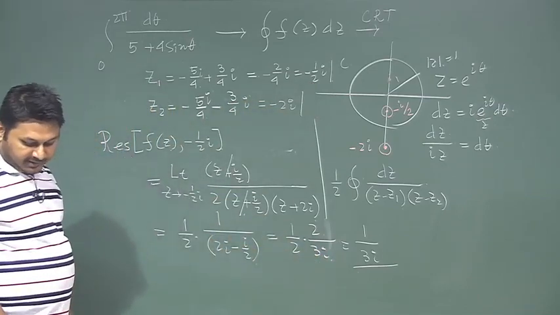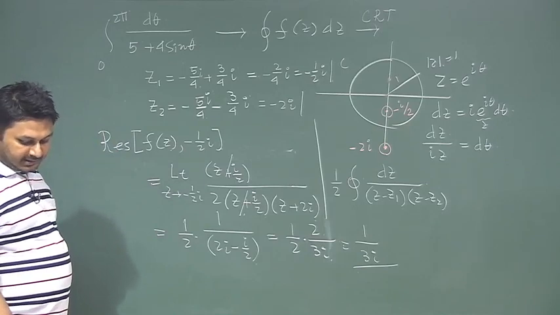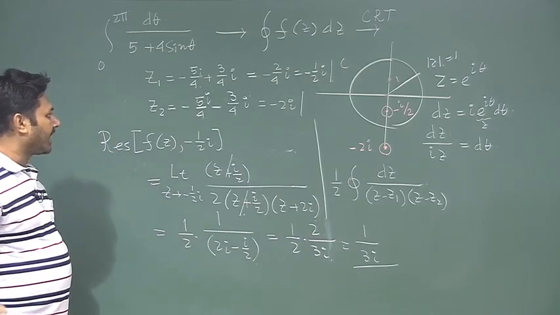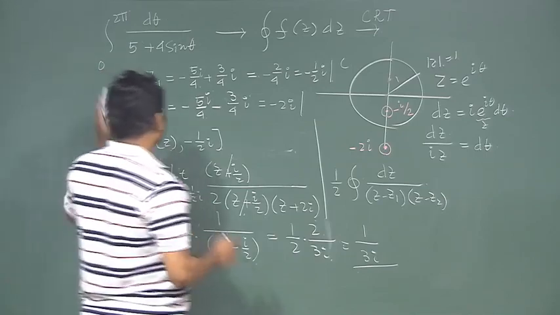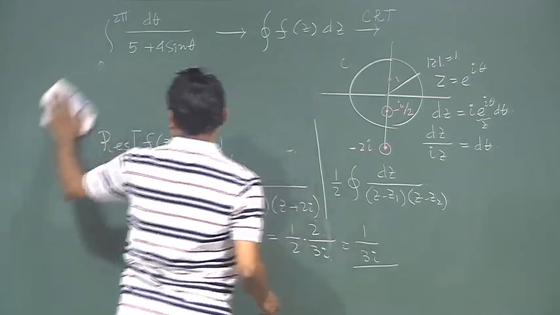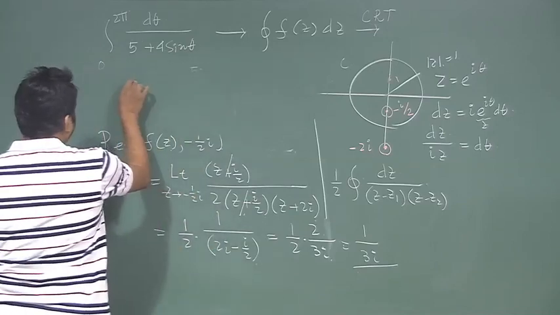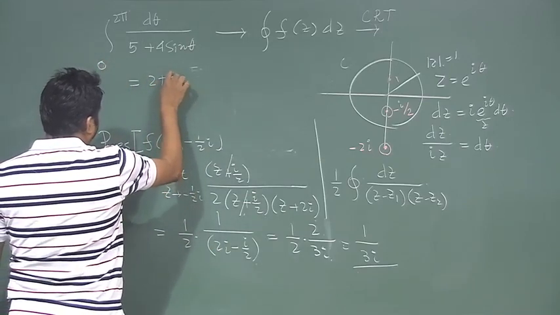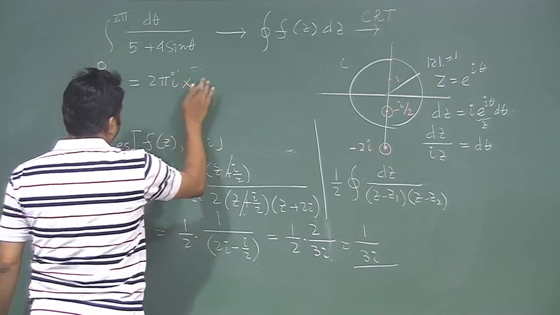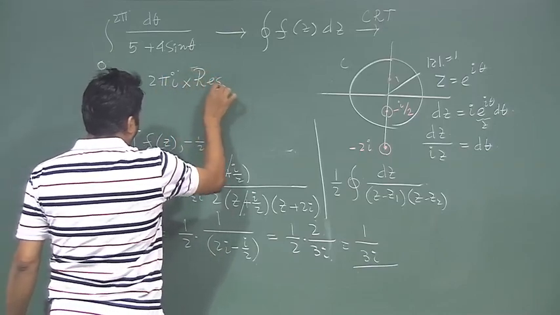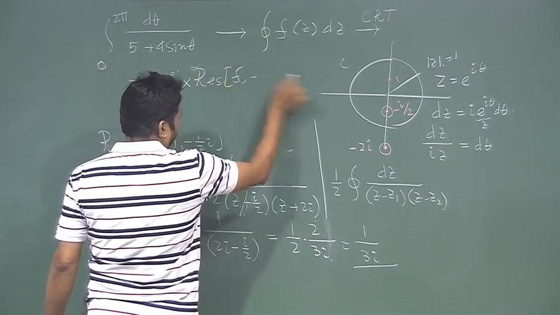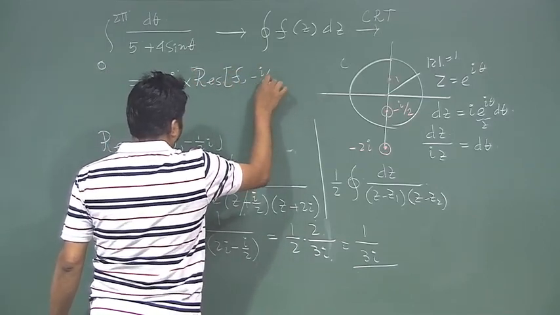So, once I have the residue 1 by 3 I, the next thing is just to evaluate, and then readily I can have the result. So, I find this integration should have the value 2 pi I multiplied by the residue of the function f at the point which is inside here, minus I by 2.